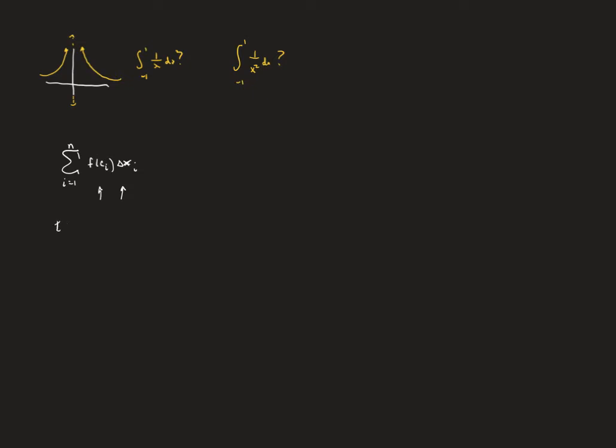So if the delta x sub i's, because we have said that they don't all have to be the same, but if the delta x sub i's are all equal, then remember we called that a partition, that dividing the interval from a to b into n subintervals. But if the delta x sub i's are all equal, then the partition is said to be a regular partition.